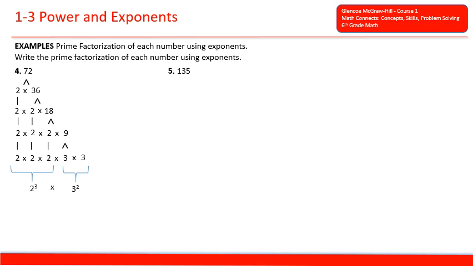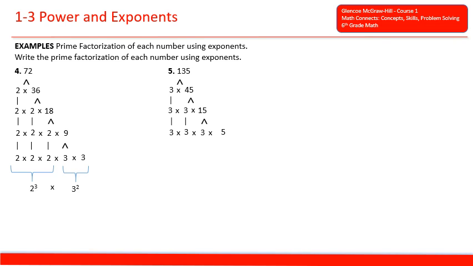All right, so 135. So not a super easy one to figure out, right? But we're going to go with 3 because, again, I like to start with my lowest prime number on the left, and it's 3 times 45. Then I bring the 3 down, and I'm going to go with 3 again times 15, and I'll bring the 3's down, and I'm going to go with 3 again, so that I can keep them all in order, times 5.